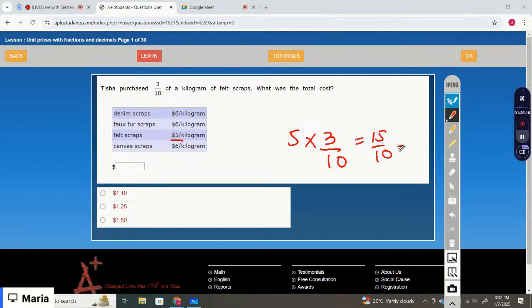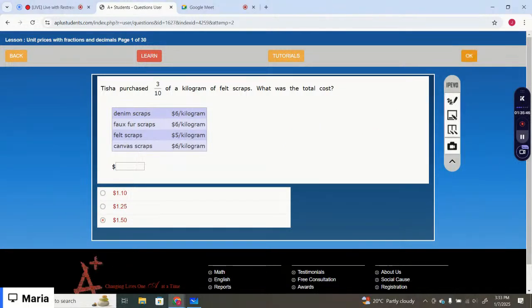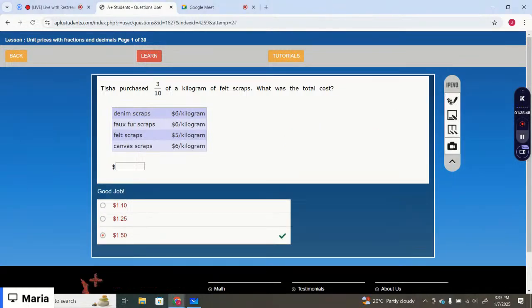That is 15 over 10, so that is 1.50. Option number 3 is the correct option.